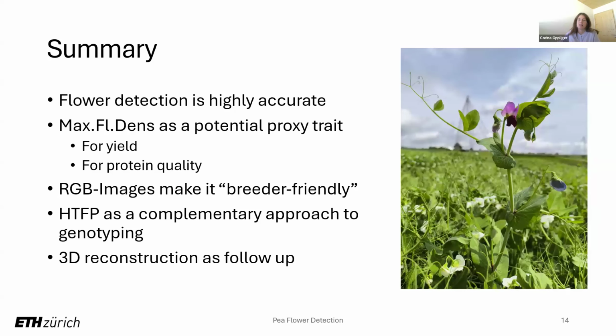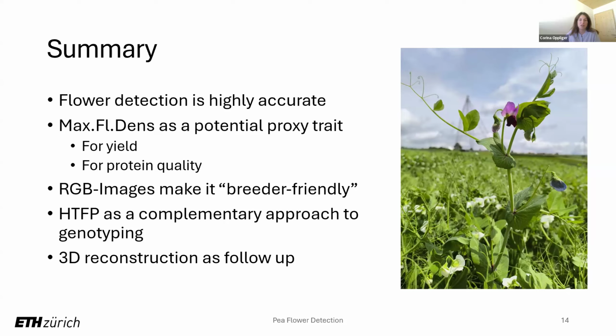As a quick summary, we have seen that the pea flower detection was highly accurate. And we have also found these interesting relationships between maximum flower density, not only with yield, but also with protein quality, which may serve in future as a proxy trait. I think the fact that we have trained it on RGB images also makes it more breeder friendly.